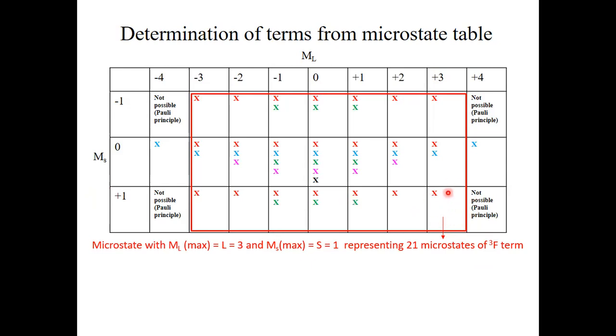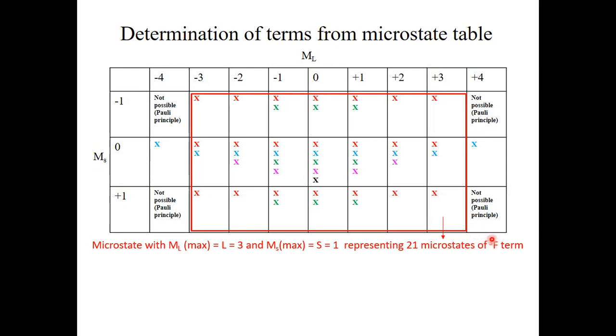Okay, so a capital ML value of +3 determines an L value of +3, which determines an F term. And when my MS value is +1, then my capital S value is also +1, and then 2S + 1 gives 2 times 1 + 1, that gives 3.